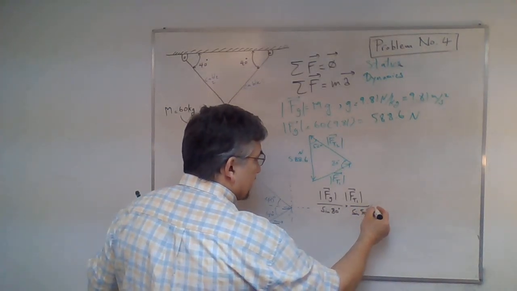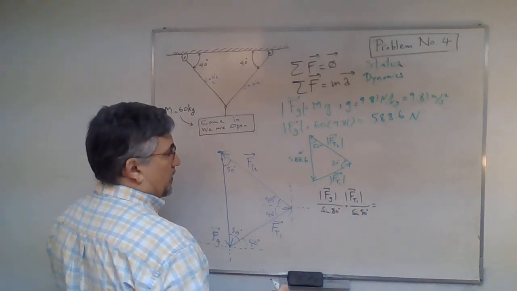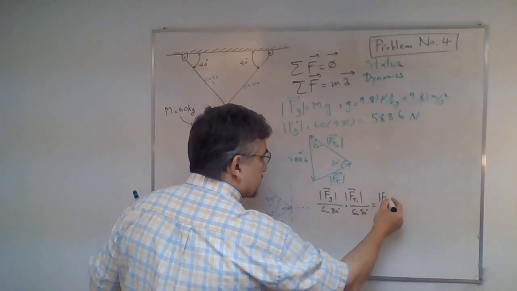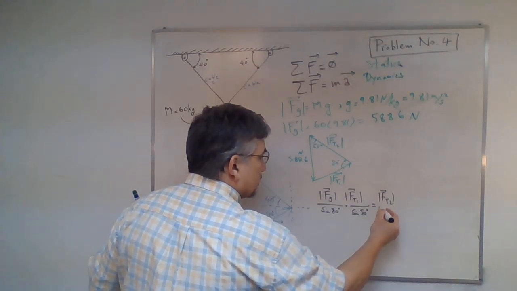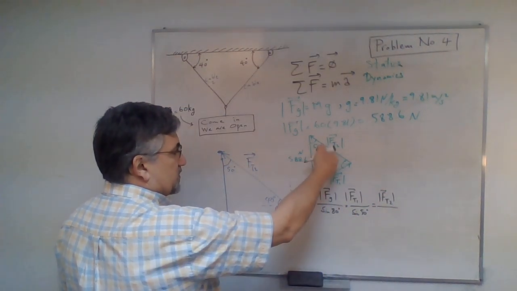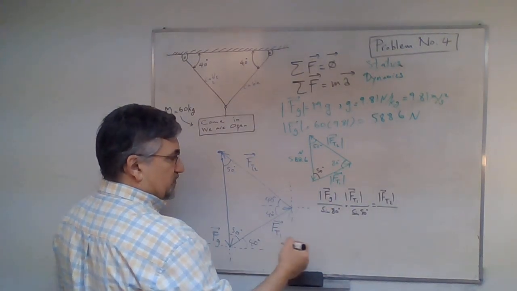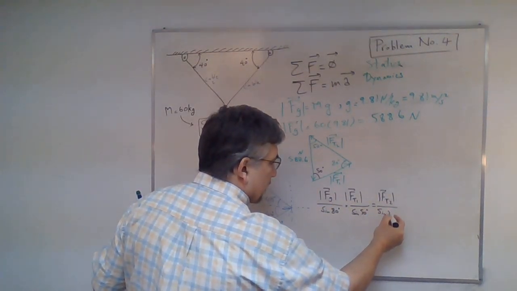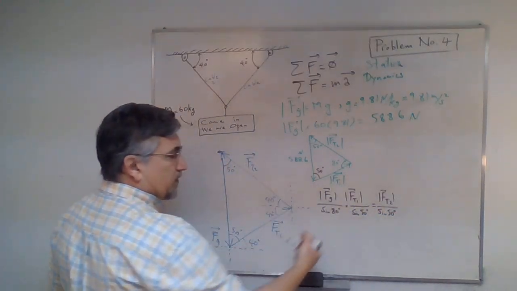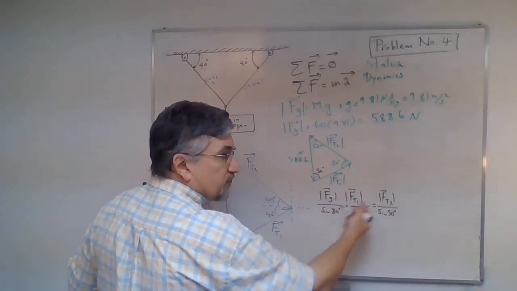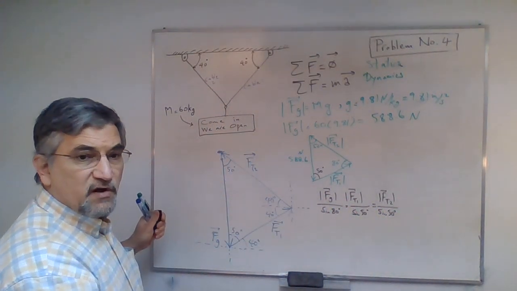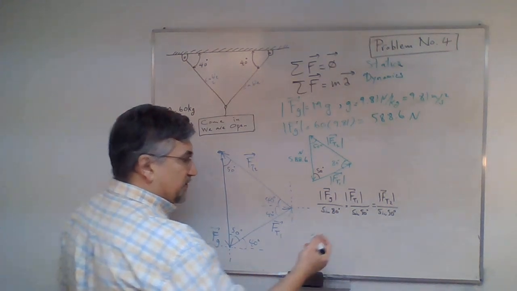Okay, and that is equal to tension force in cable number 2, which is this side, divided by the sine of the opposite angle, which is 50 degrees. We said it before. Okay, so these two fractions are the same. The tension forces are the same. We have absolute symmetry involved in the problem. We're not surprised about this.